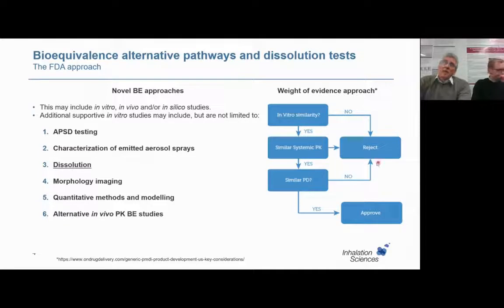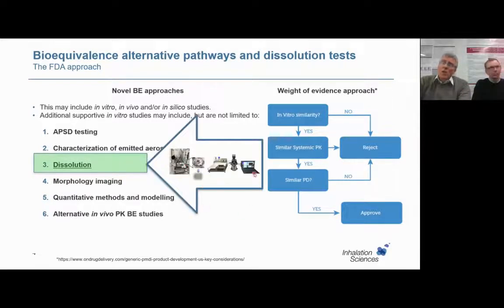There is a set of data that are clearly important and will be more important in the future to establish these novel bioequivalence pathway recognition methods. In particular, in the set of different data that will be required, we can see this solution has a central position. Again, today we will present our system to deliver this solution data in a very precise and physiological way already from the in vitro phase.